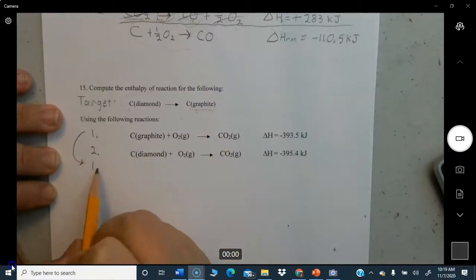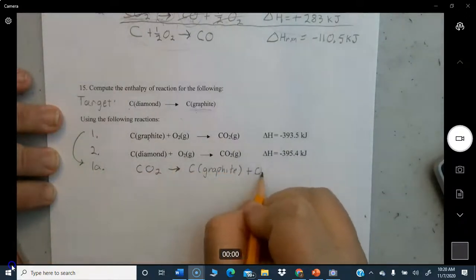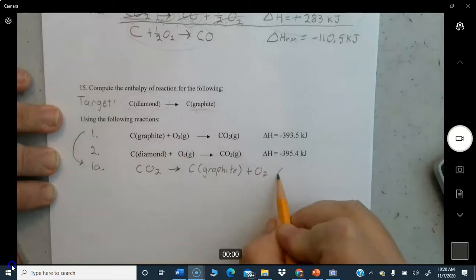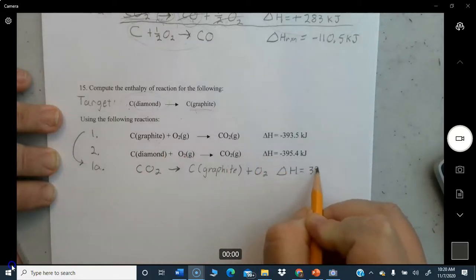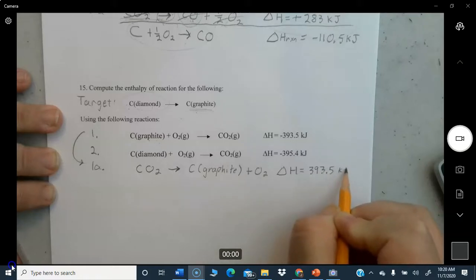So let's come on down here and do that. That's equation 1A. Okay, and what that means is we're going to have to take this and change the sign on it. Okay, there you go.